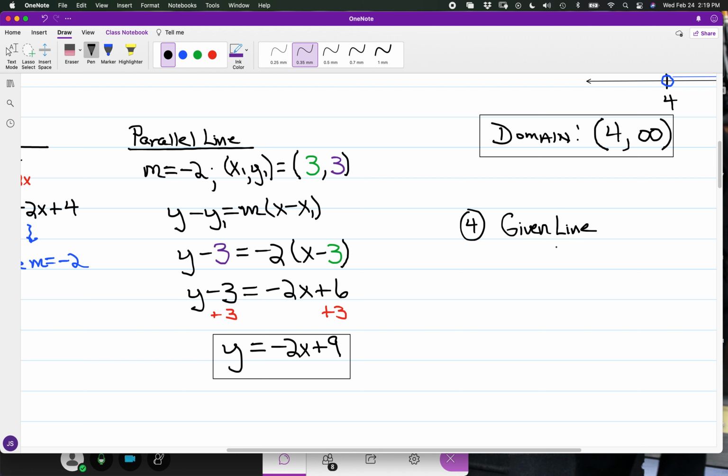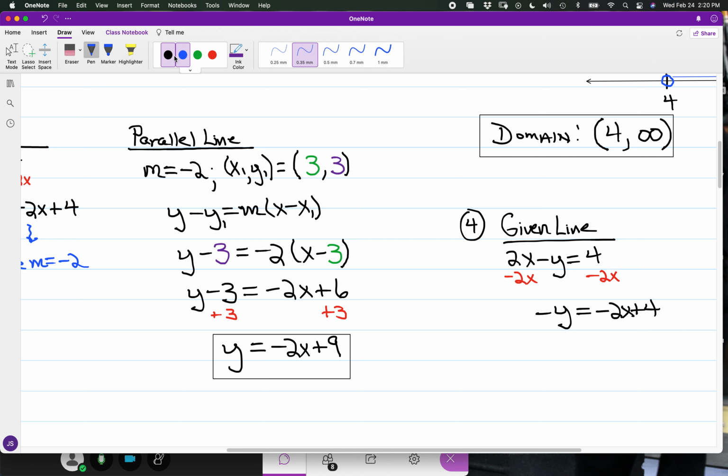So for the given line, 2x minus y is equal to 4, if I get the y term by itself, we're going to have negative y, moving 2x by subtracting on both sides. So we have negative y is equal to negative 2x plus 4.